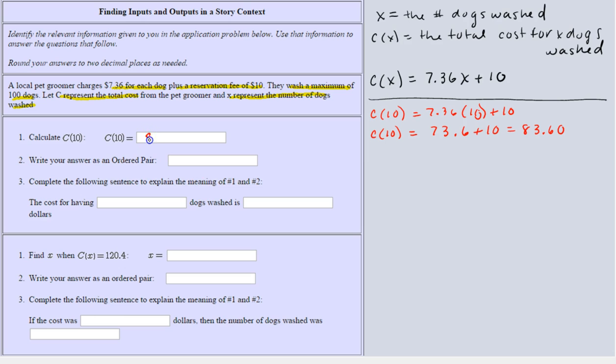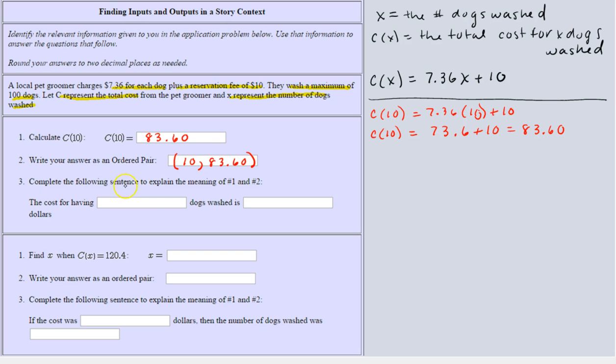So it would cost $83.60 to have 10 dogs washed. As an ordered pair, we write parentheses, the input value, which is 10, comma, and then the output value, which is $83.60.